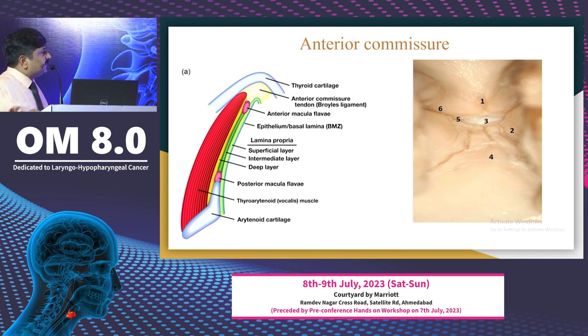That area is called Gourier's plane 0 or Bragantini's space X. Through this space, the disease in the anterior commissure sometimes directly perforates through thyroid cartilage, and stage 1 becomes stage 4. That is the reason this entire anterior commissure is a very interesting area, and that is the reason we have so many papers on it.